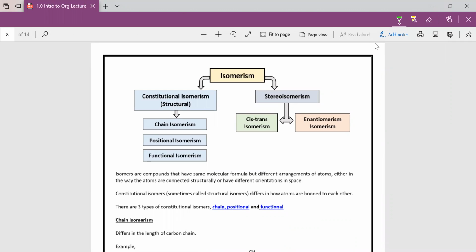So for stereoisomers, which differ when viewed in space, all the atoms are bonded to each other in the same way. It's just that in a 3D viewing, they become different isomers. Basically they have different orientation in space. So that's stereoisomers.